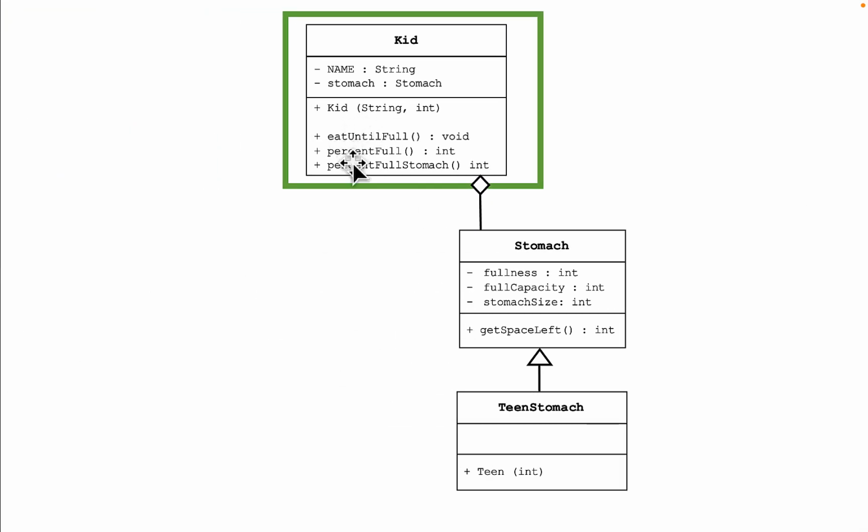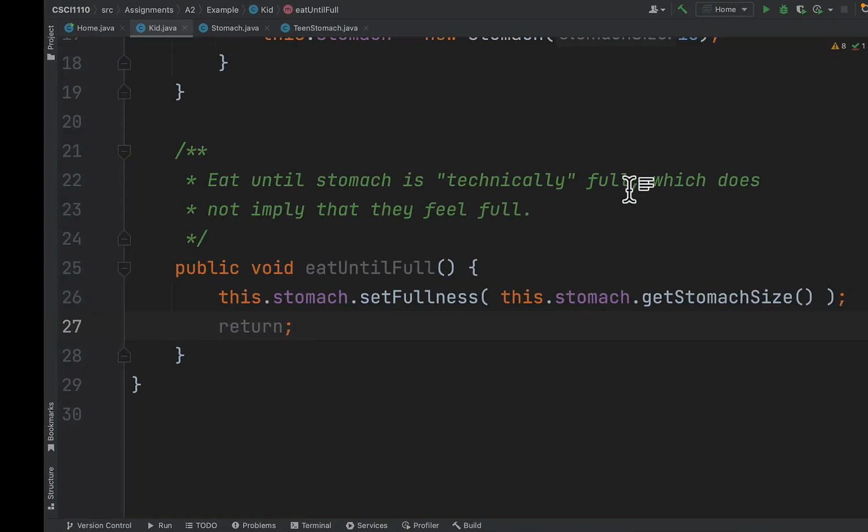The next one is percent full, and we're returning an int, so, oh, I don't want to return an int anyway. I'm going to change that. I'm going to return, just for fun, a string, and I'll show you why. Okay, I'm going to return a string.